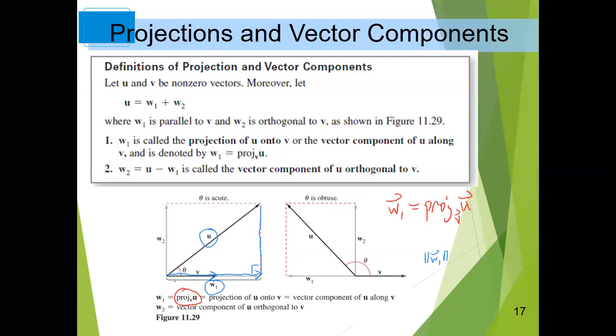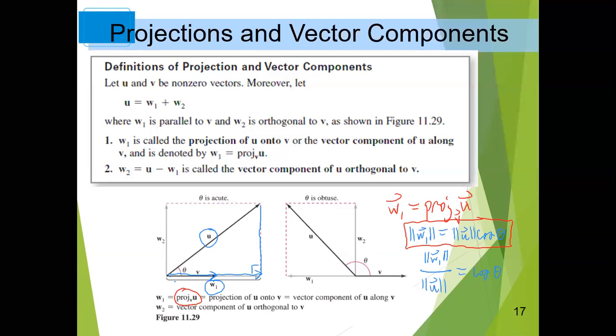So the length of W1, that's adjacent, over the length of U is equal to cosine of theta. Okay? So in other words, the length of W1 is equal to the length of U cosine of theta.